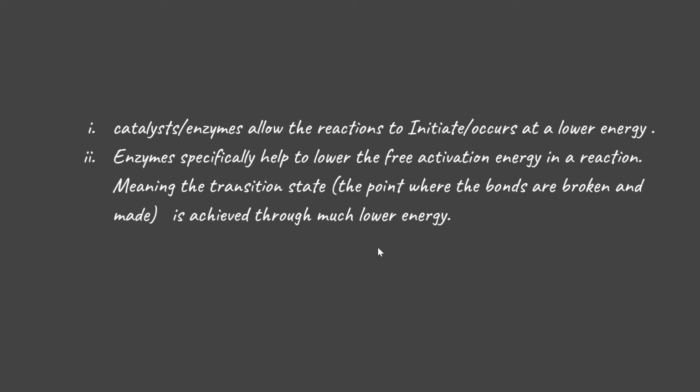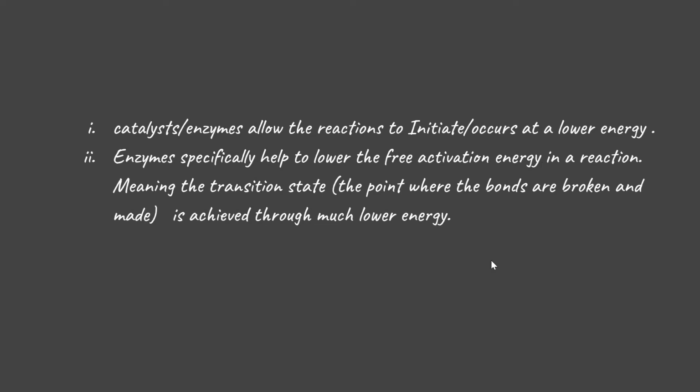Okay, so first of all, it is important to understand that catalysts, enzymes, allow the reactions to initiate or occur at a lower energy. That is the most important thing that we have to understand here. We also need to understand that we are not completely using up these enzymes in the reaction itself. We are just using them to let the reaction occur at a lower energy.